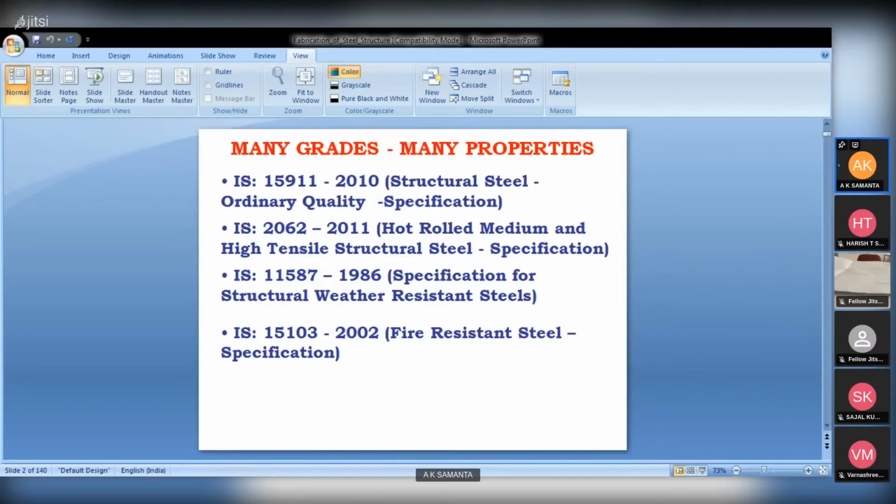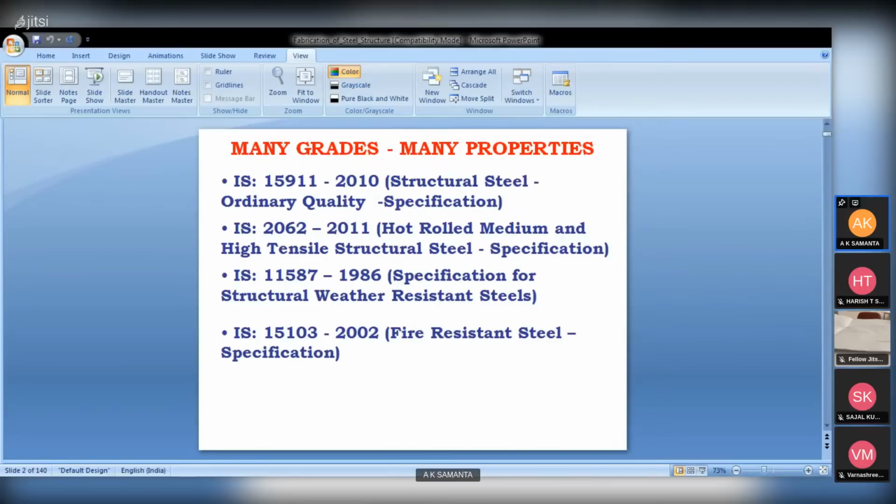As I have told, 15911 is another code, which has the specification from 165 to 215 yield strength. Then 2062 gives us steel specification from 250 MPa yield strength to around 600. 11587 gives us the specification of weather resistant steel, that is corrosion resistant steel, and 15103 gives us the specification of fire resistant steel.